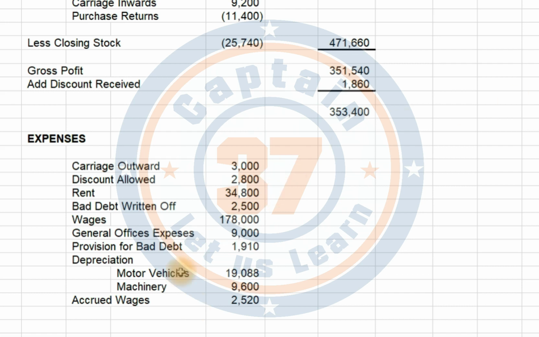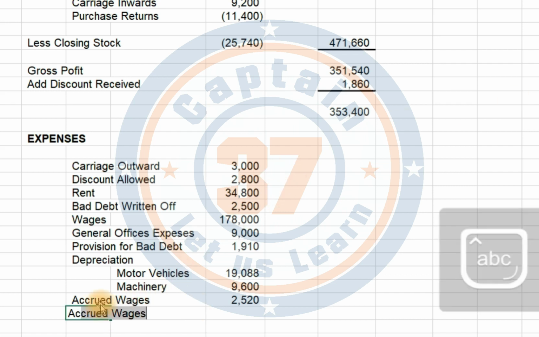There was also an accrued increase in general office expenses. Oops, am I going to have enough space? Let's see.